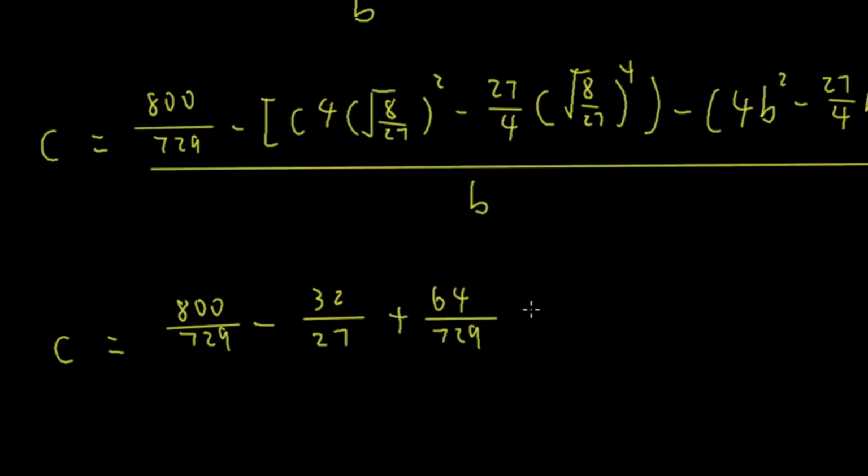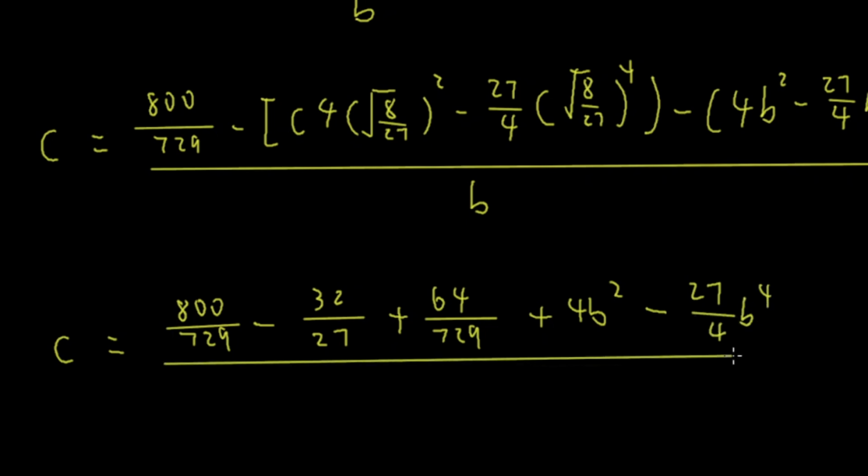So plus 4b squared minus, right? Minus, minus, minus becomes minus, 27 over 4 b to the 4th, all divided by b.